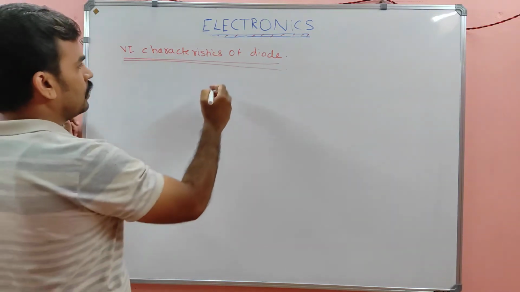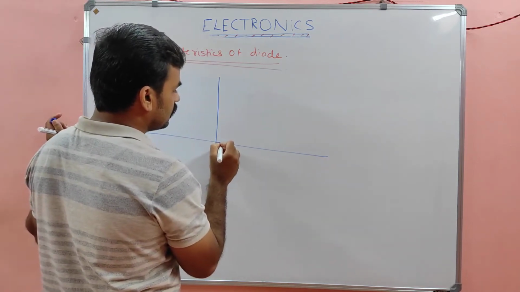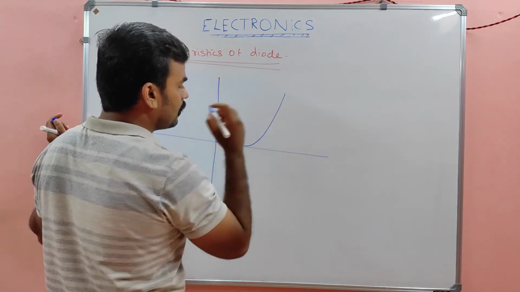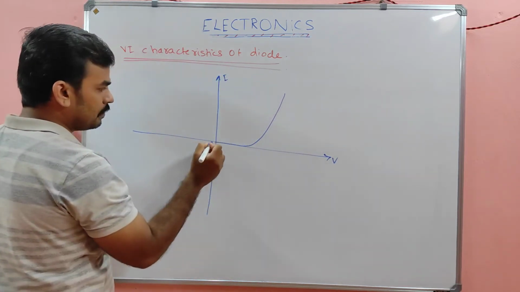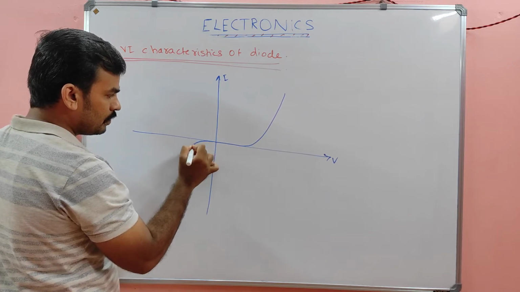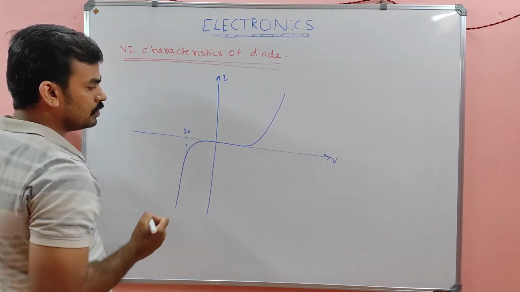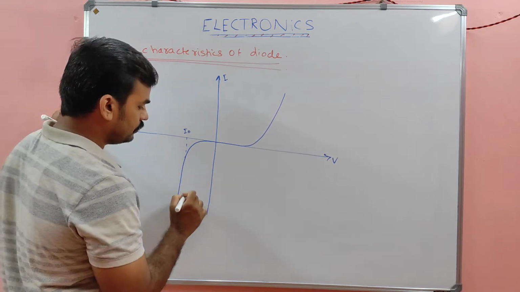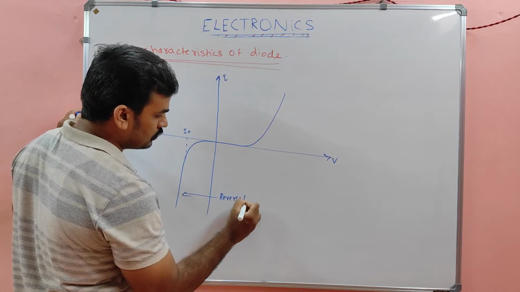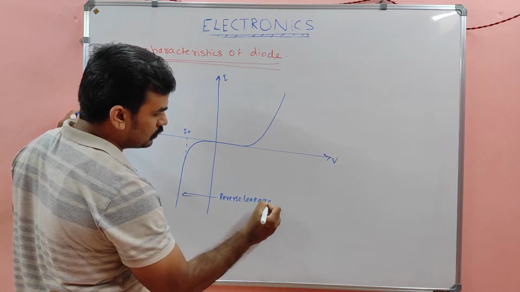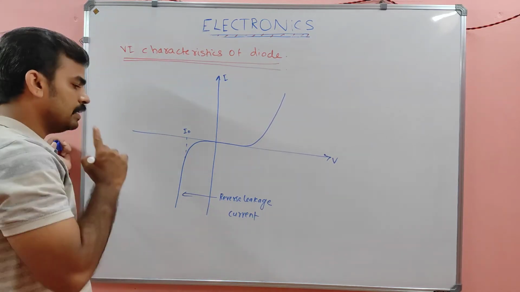So this is V and this is I, my dears. This is I0. So, reverse leakage current.